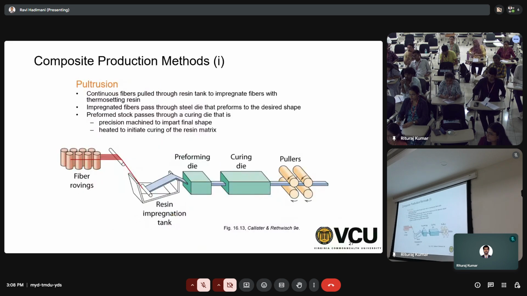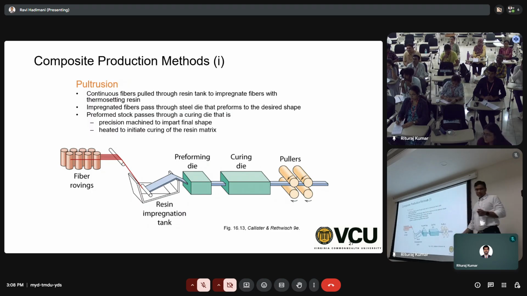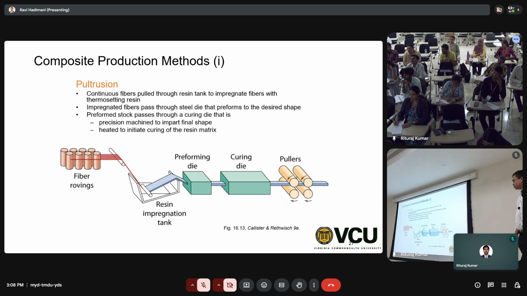One way to make a fiber reinforced composite is called the pultrusion method. Basically, you take the fibers, draw them into the matrix phase, then you cure it, and then you press it in the rolls. And this is one way to make a fiber reinforced composite material.